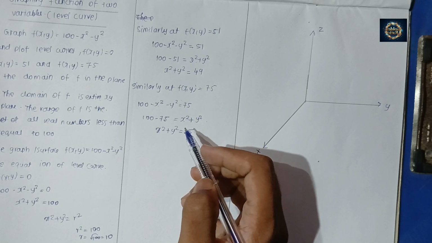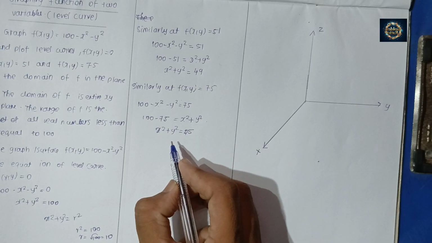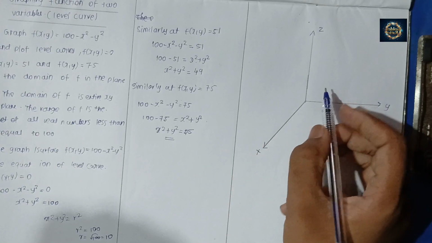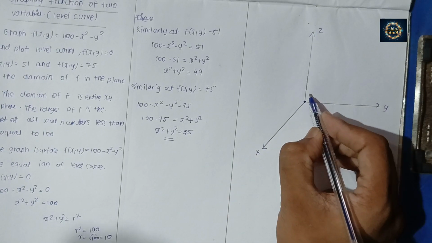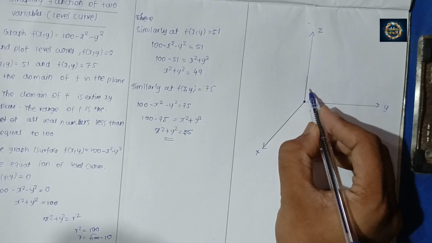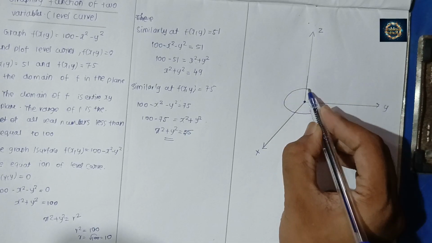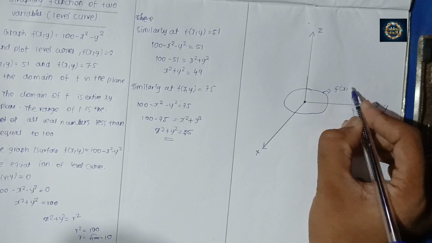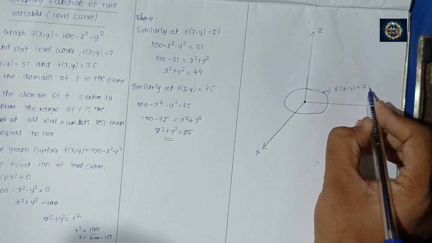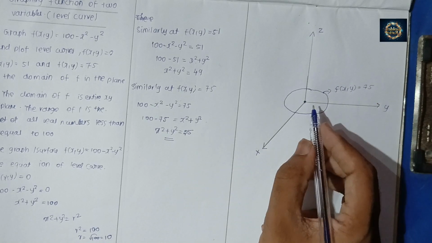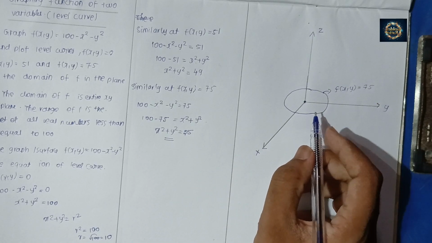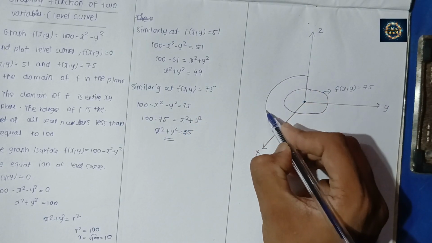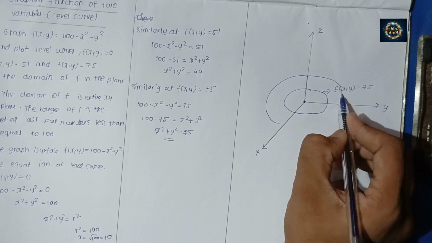Comparing all these, the circle with the smallest radius is the one with radius 5 units, so that will be small compared to the other two. I will plot it like this and name it the level curve of the function f of x comma y equal to 75. Beyond that, I can plot the next one, which is slightly bigger, one more circle like this.